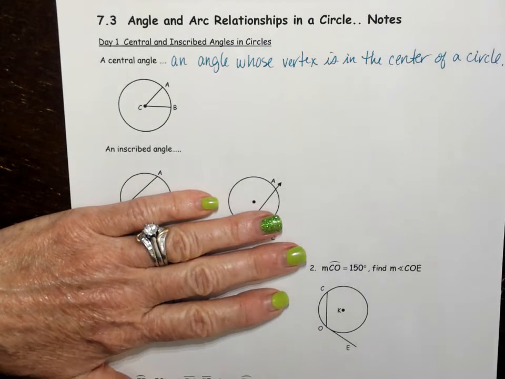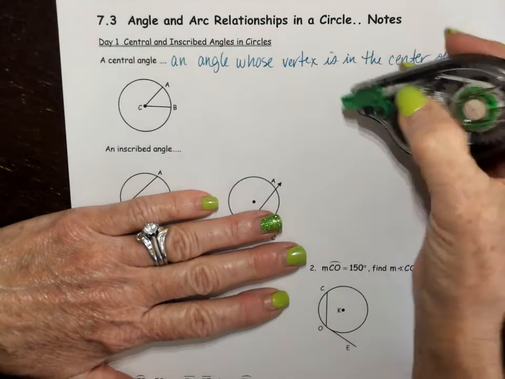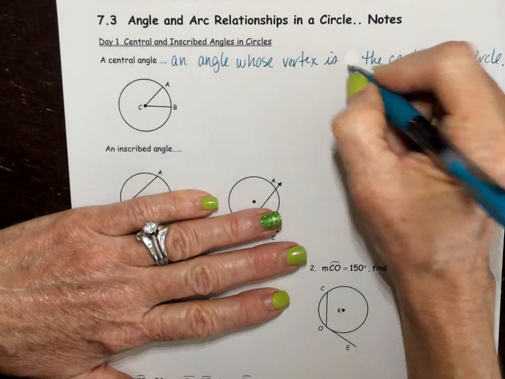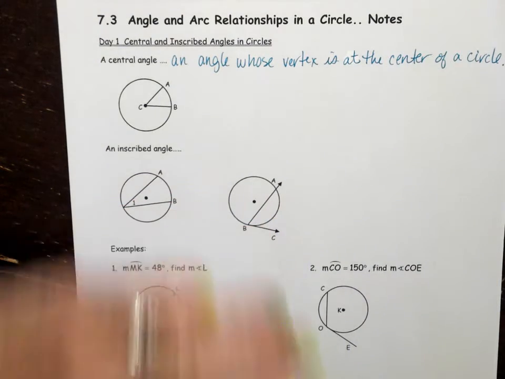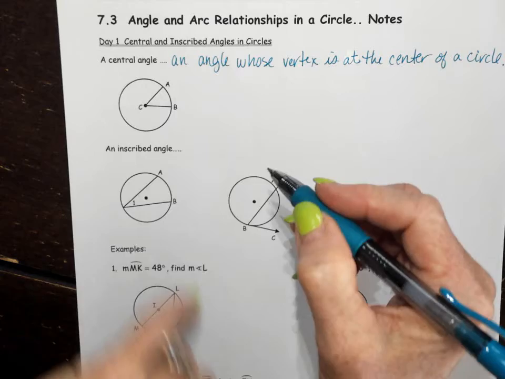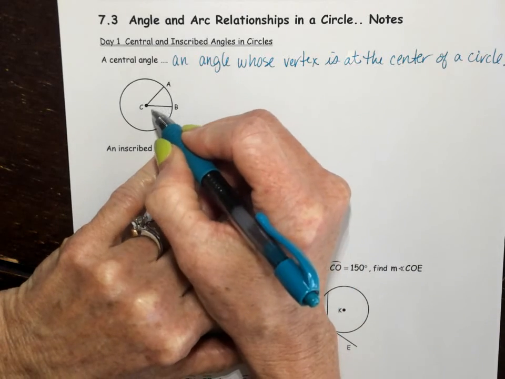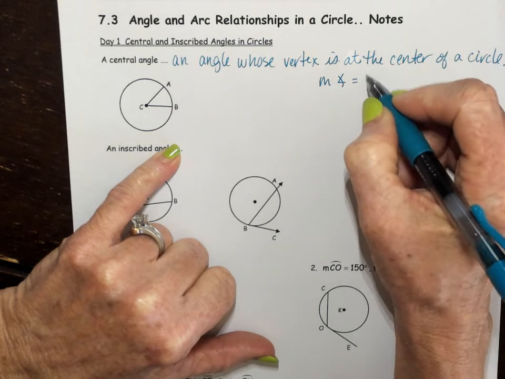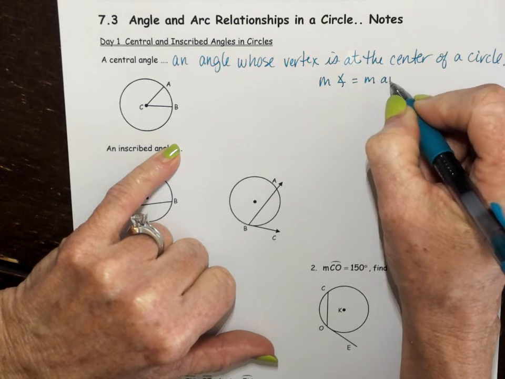I'm going to change one word here. Instead of in the center of the circle, I'm going to say at the center of the circle. And if we have a central angle, we know that the measure of that angle is exactly equal to the measure of that arc.